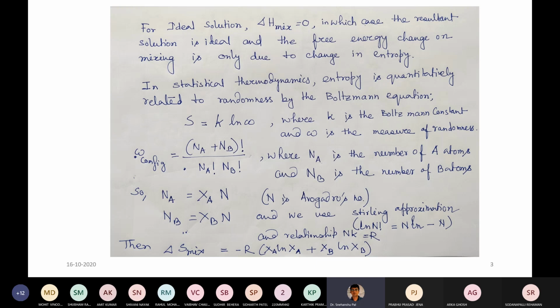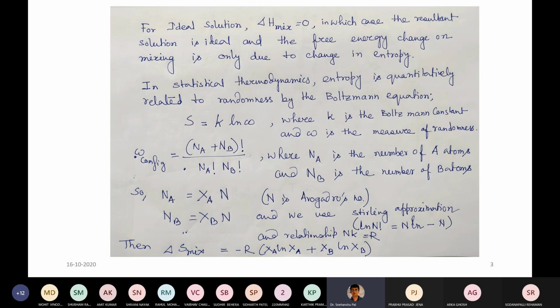Now we have to use a certain mathematical approximation, the Stirling approximation, which means that ln n factorial equals n ln n minus n. Also you can use the relationship that Avogadro number multiplied by the Boltzmann constant equals R, the universal gas constant.